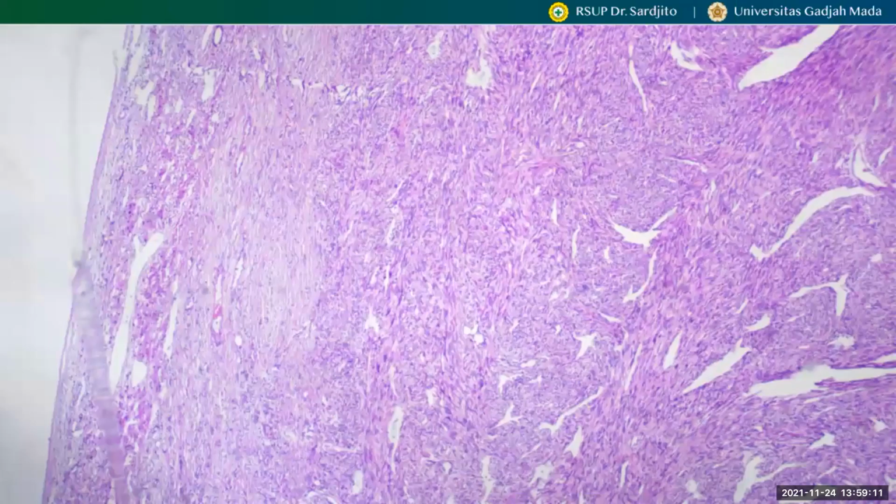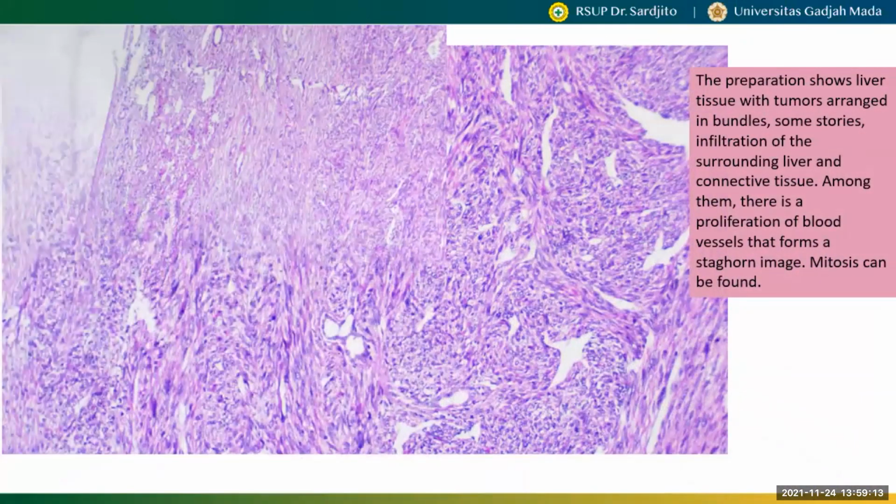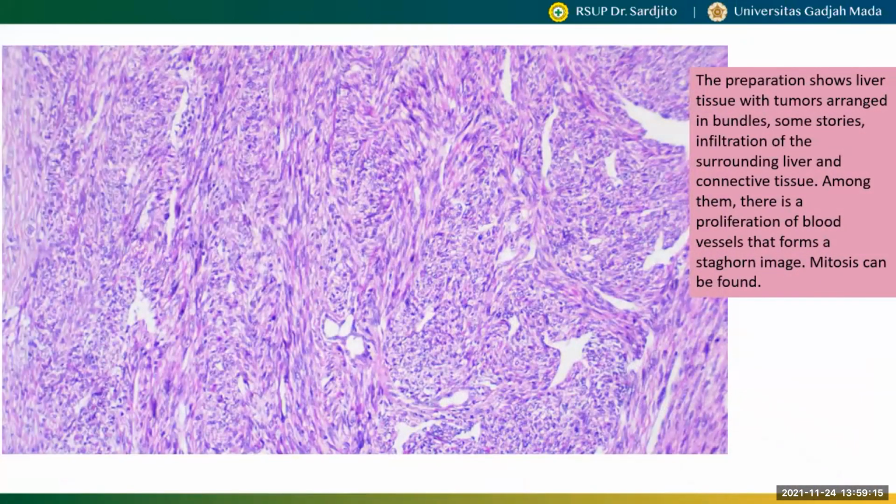Based on this case, we can see lots of liver tissue, but with bundles, and we can see the surrounding liver connective tissue, and there are blood vessels that form staghorn-like images.